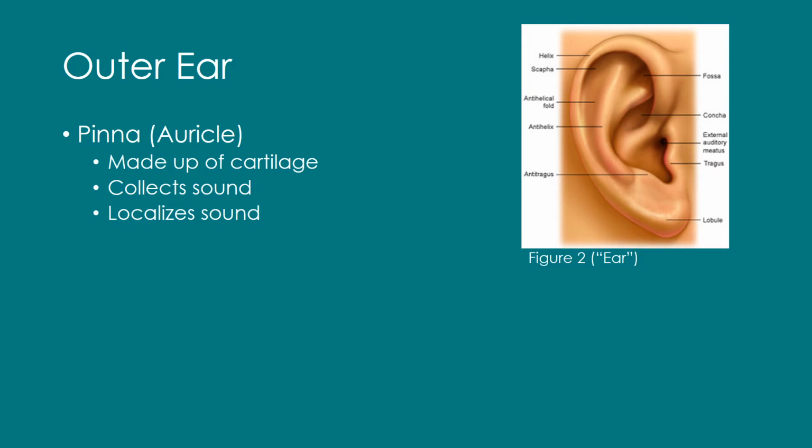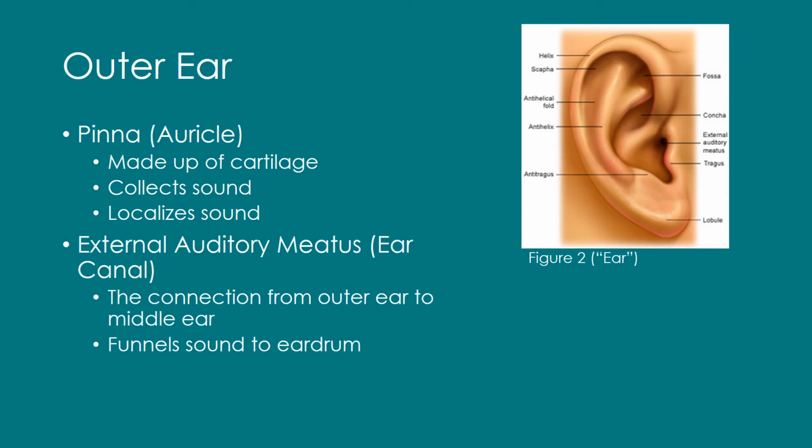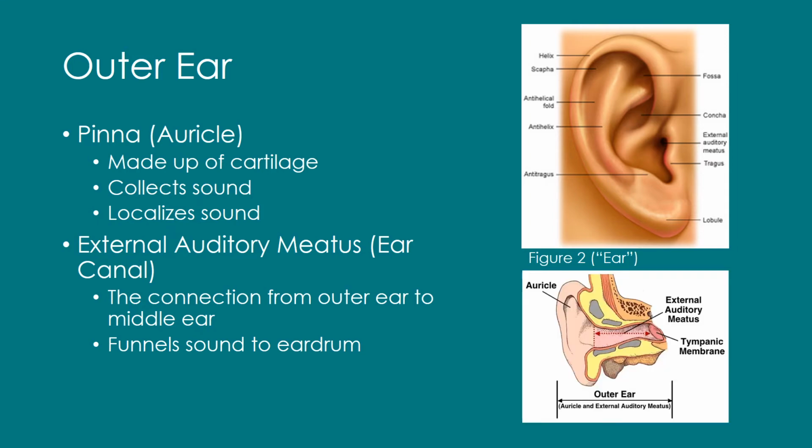Here we have the helix, scapha, antihelical fold, antihelix, antitragus, lobule, tragus, entrance to the external auditory meatus, concha, and fossa. The external auditory meatus connects the outer ear to the middle ear and funnels the sound to the eardrum. You can see this in Figure 3, labeled by the red arrow. The function of the outer ear is to collect sound.